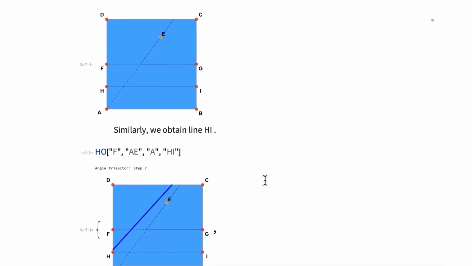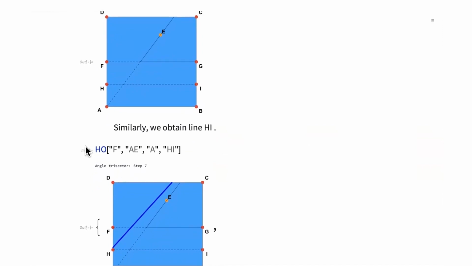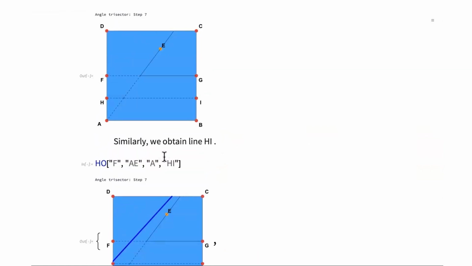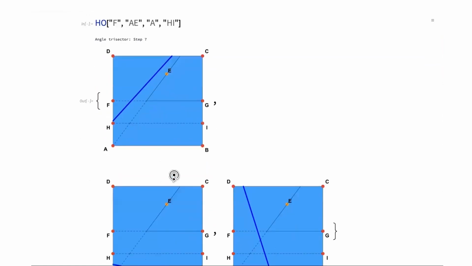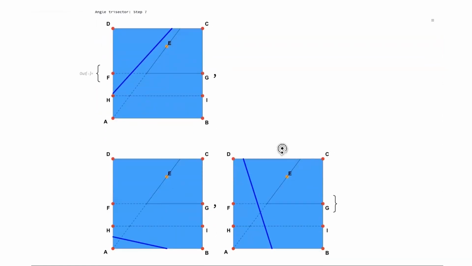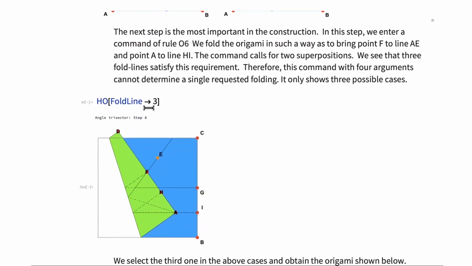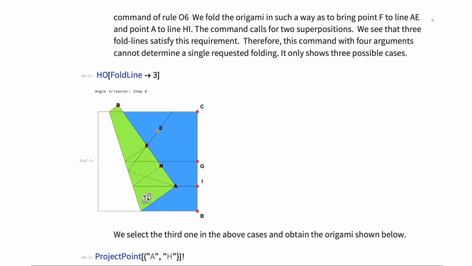The secret is that we use the O6 rule to put point P on E, and A on HI. Surprisingly, it gives you three possibilities. This time, being interested in trisecting this angle, we take that one. Then fold it using number 3. We get this one, right? And we are almost done because the line that passes through here and there will be a trisector.